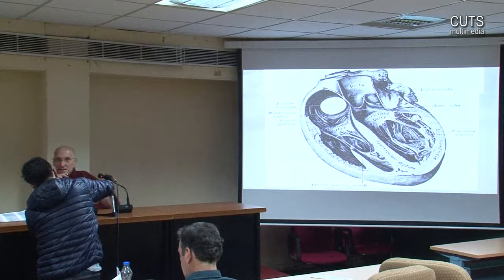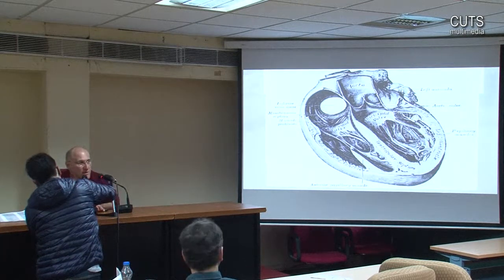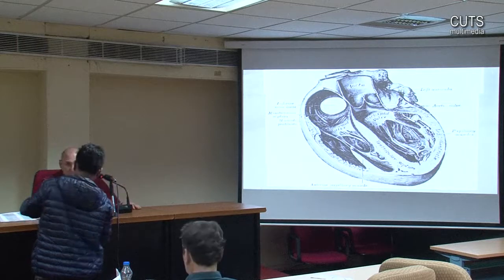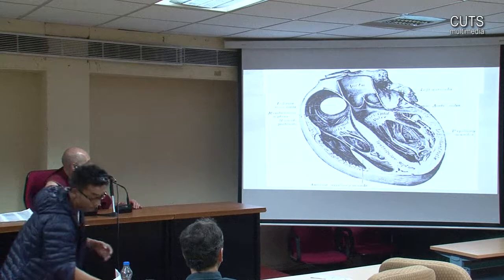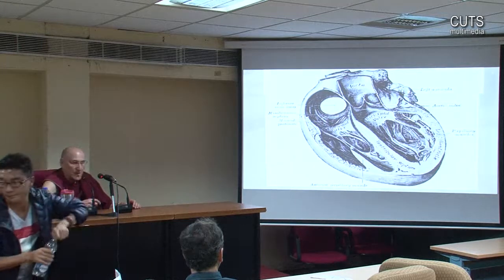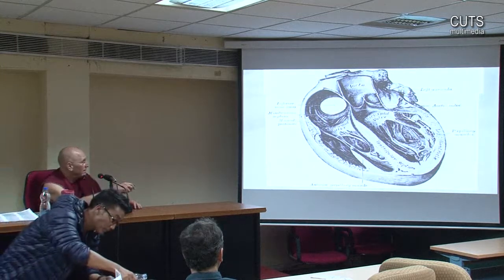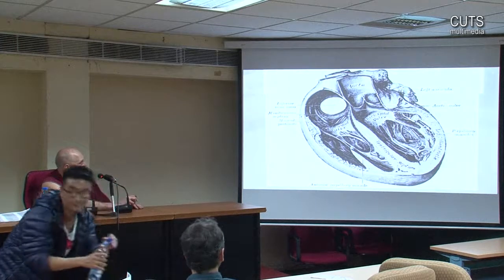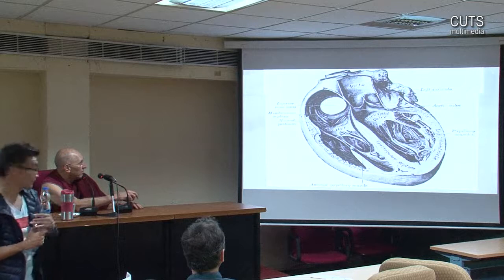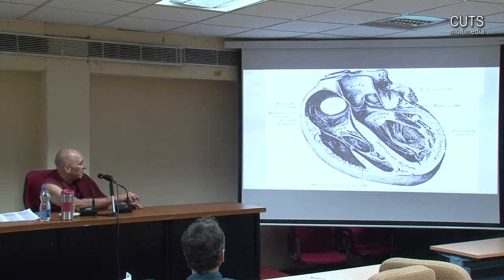So this is a diagram of the heart cut open. There are 4 chambers here. Let me see if I can identify them. There's 2 big ones here, one here, and there's one here.